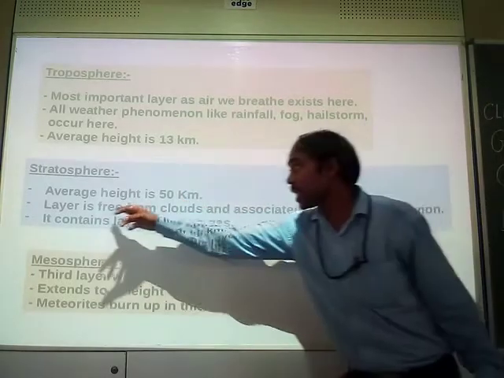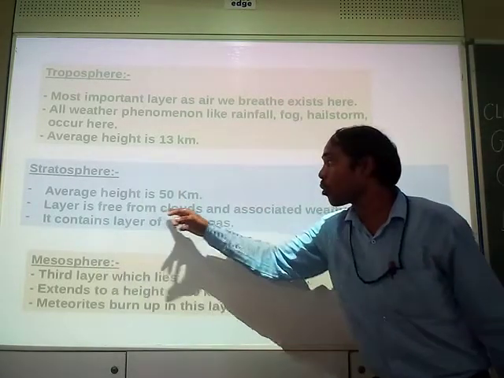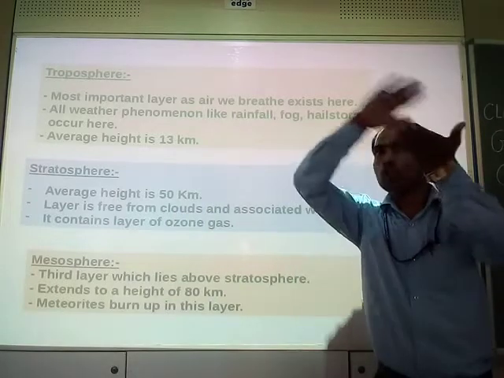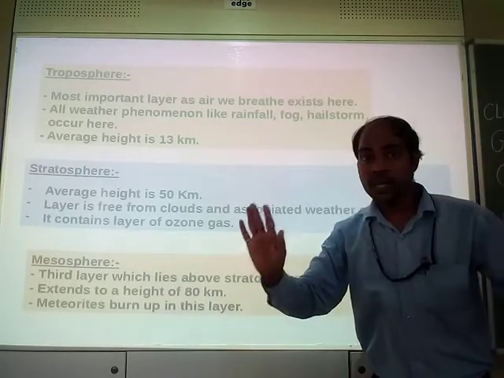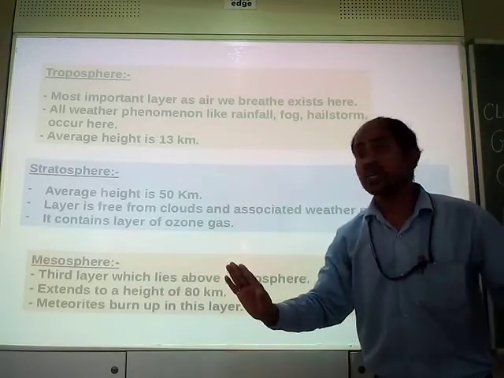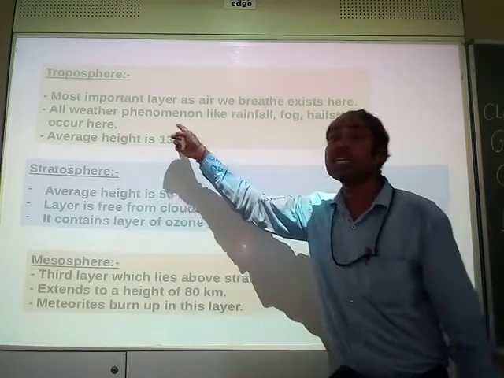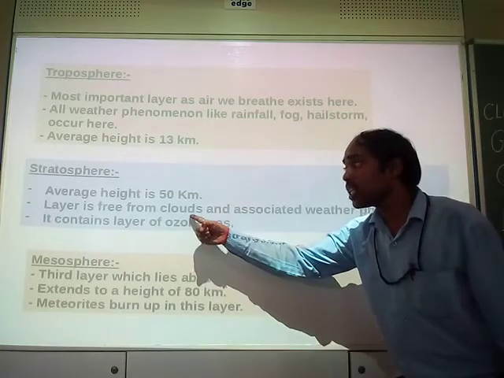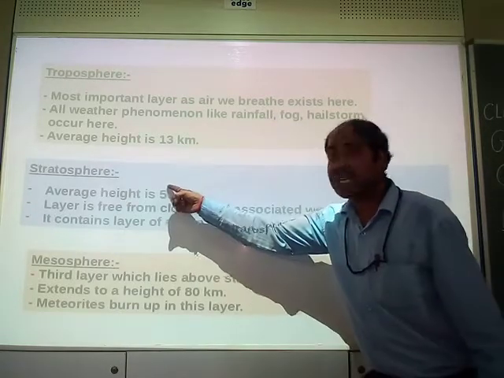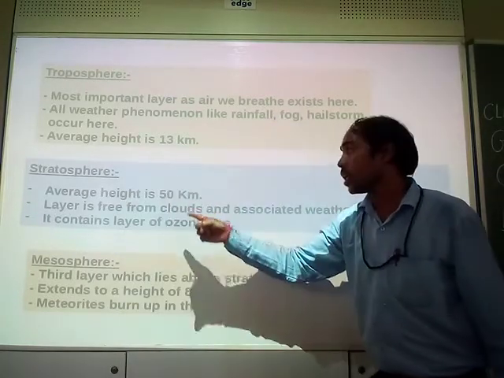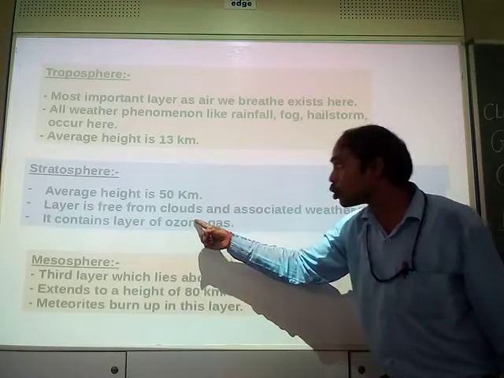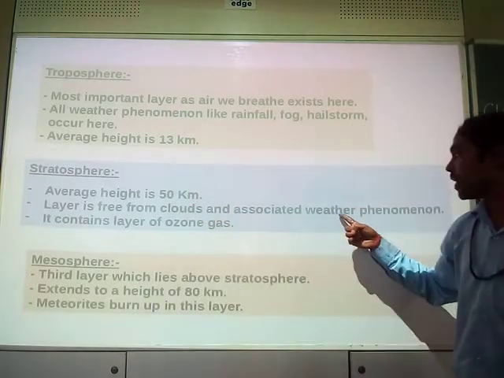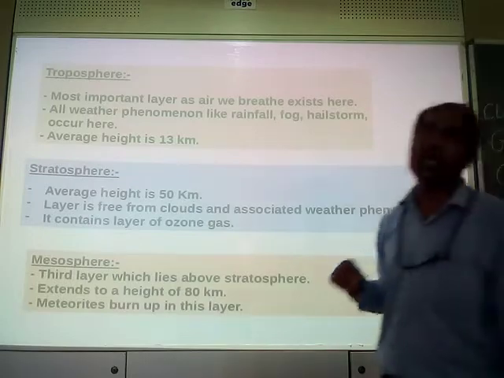Okay, this layer is free from clouds. There is no cloud available in stratosphere. Clouds are available in troposphere only. Okay, so there is no cloud. This layer, stratosphere, is free from clouds and associated weather phenomenon.